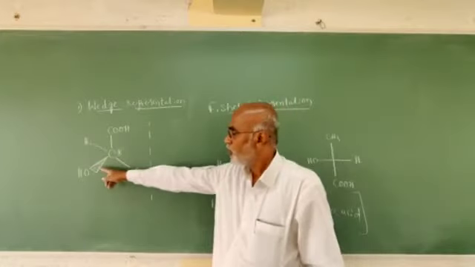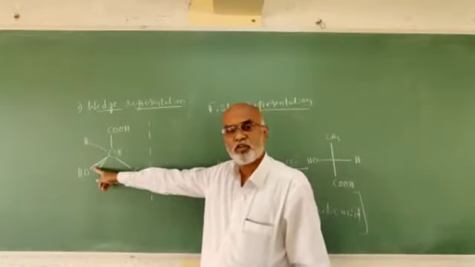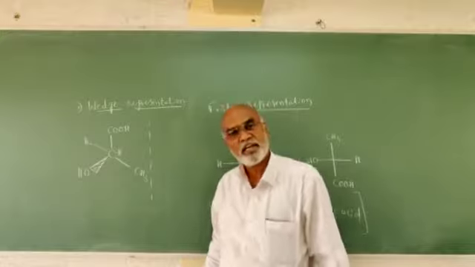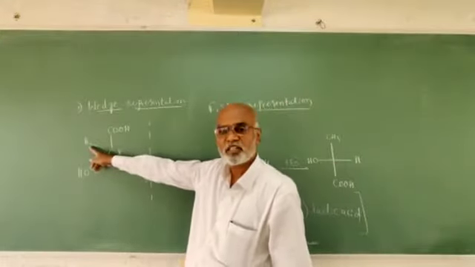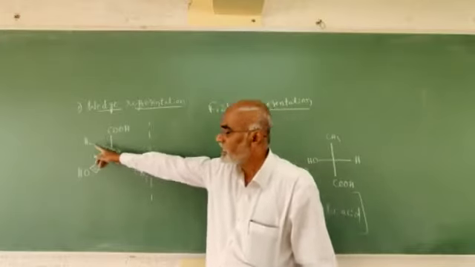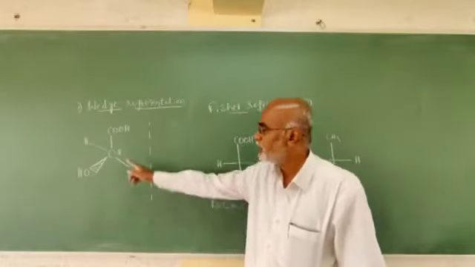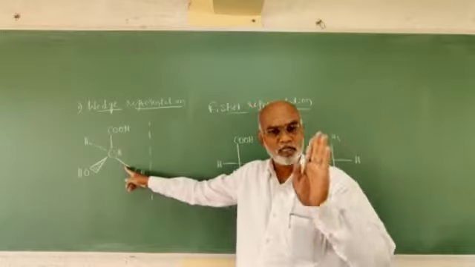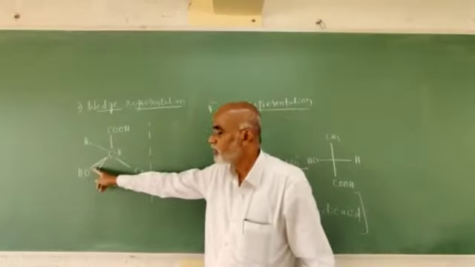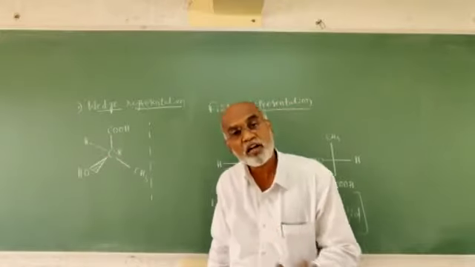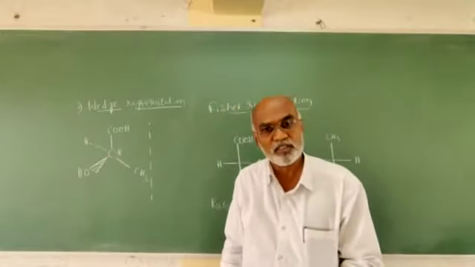Whereas the bond which has a wedge shape is towards the observer, and the bond which is written in the dotted manner is away from the observer. I mean to say, the normal bonds are on the plane of the board, whereas the remaining 2, written in the form of wedge and dotted, are not on the plane of the board.